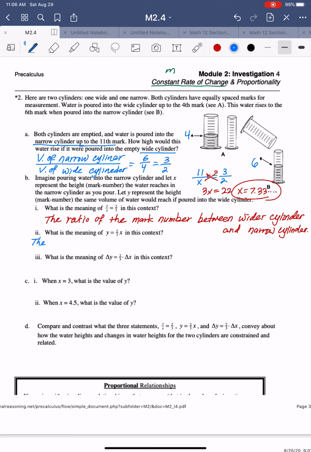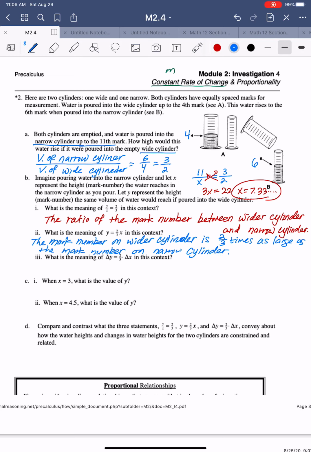The mark number on the wider cylinder is 2/3 times as large as the mark number on the narrow cylinder.